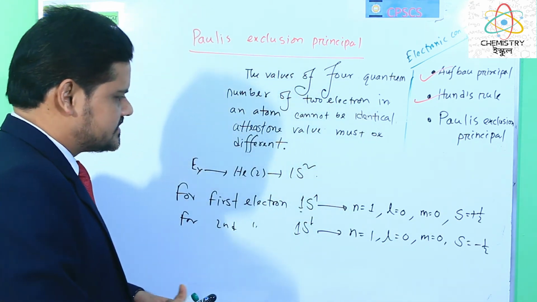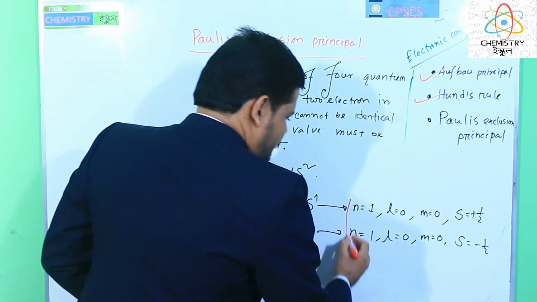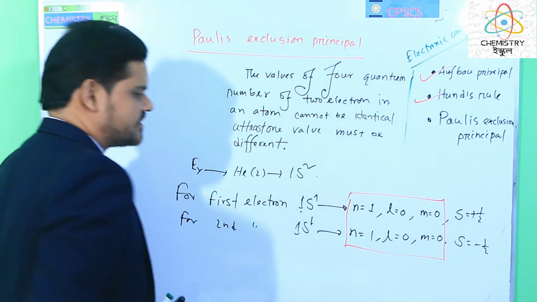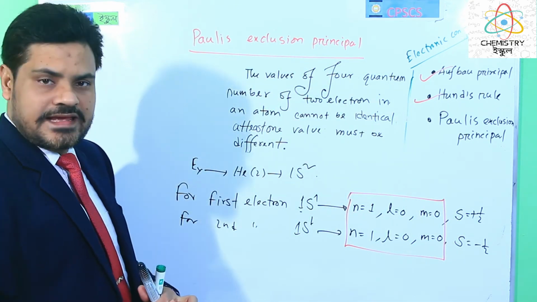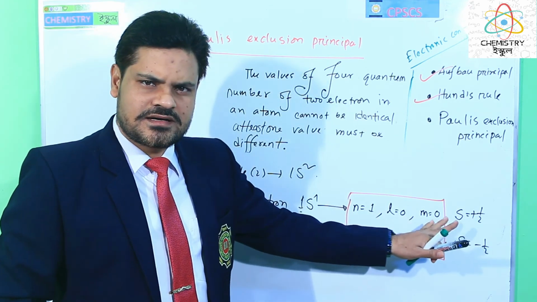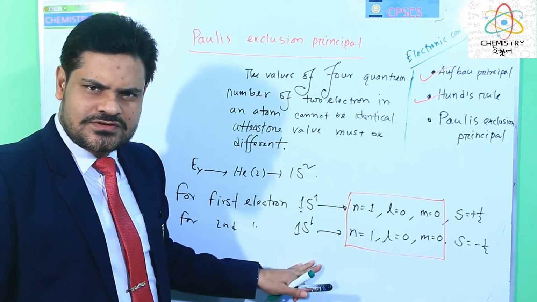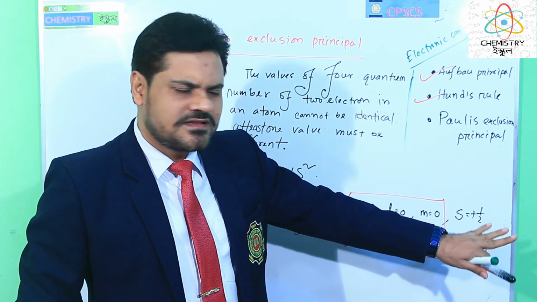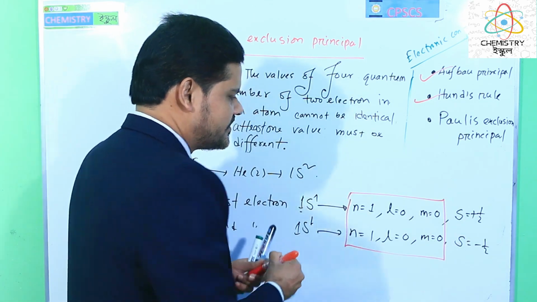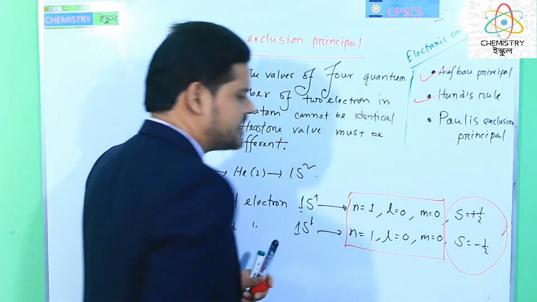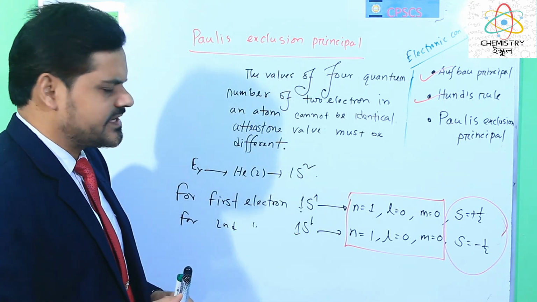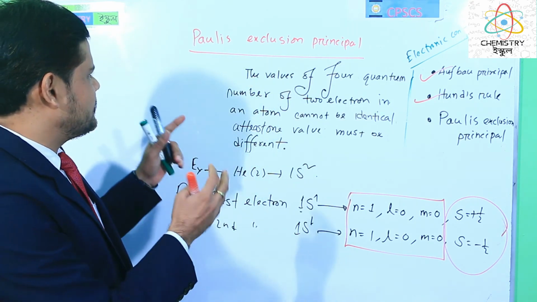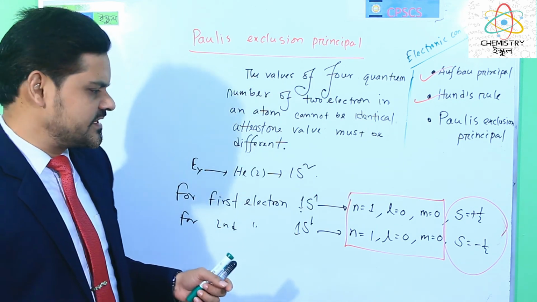Look at this here, learners. For the first 3 quantum numbers, n, l, m, the values are the same for the 2 electrons, but finally the fourth quantum number will differ. For the first electron plus half and the second electron minus half. This is the explanation of Pauli's exclusion principle.